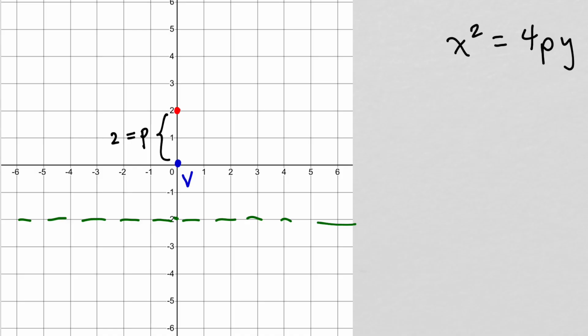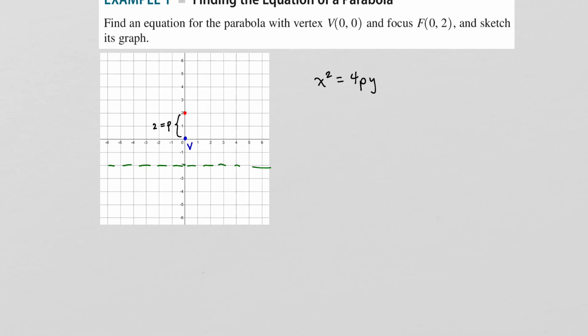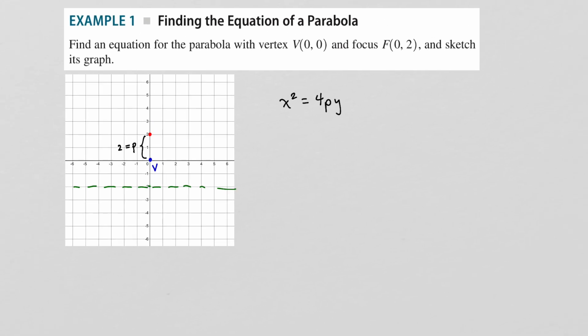It is the distance, except that when your focus is down here, then p would be negative. So p is the y-coordinate, if you will, of the focus here. And since we know that p is equal to 2, if we plug in p equals 2 here, we get x squared equals 4 times 2 times y, or x squared equals 8y.